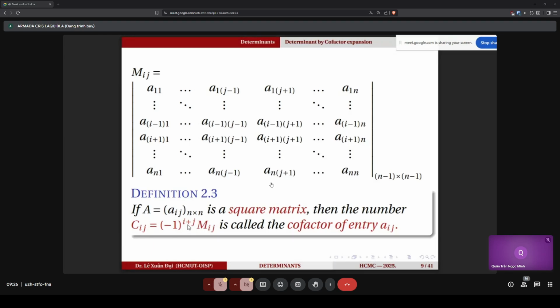For example, if you pick A11, this becomes 1 plus 1, and 1 plus 1 is 2. So negative 1 squared is positive. That is why it's positive in A11. Then multiply your Mij, which is this matrix if you delete the first row and the first column. So it's called the cofactor of entry Aij.